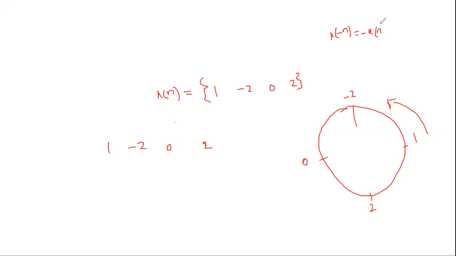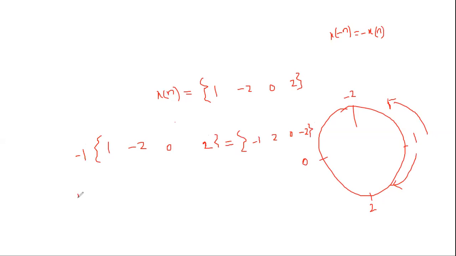Now x of minus n means what? Say this is x of n. Minus of x of n is x of n multiplied by minus 1. What is that? It is minus 1, 2, 0 and minus 2. Now if we simply trace from the anti-clockwise direction, then what do I get?